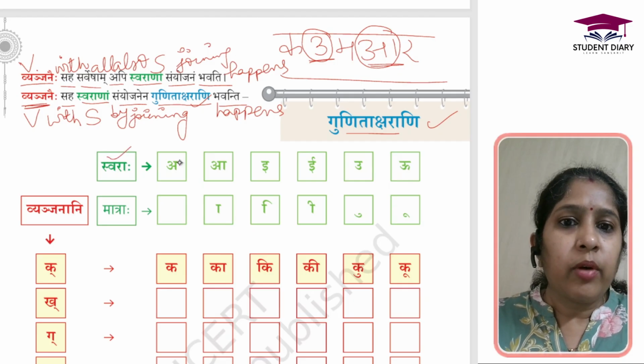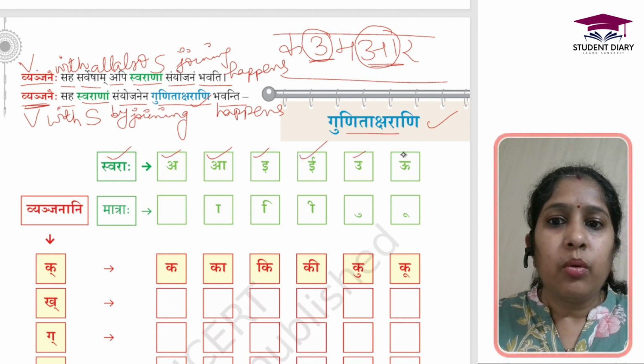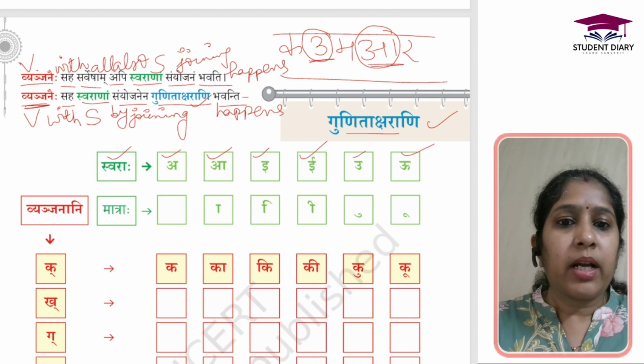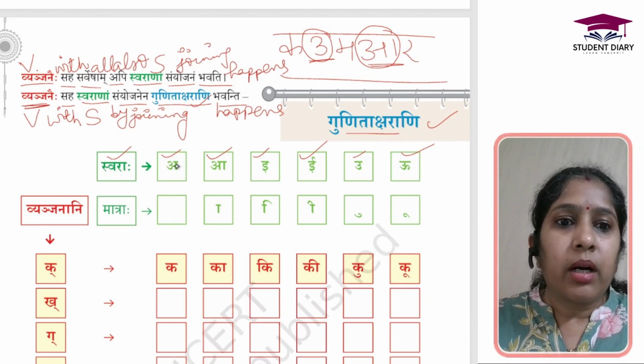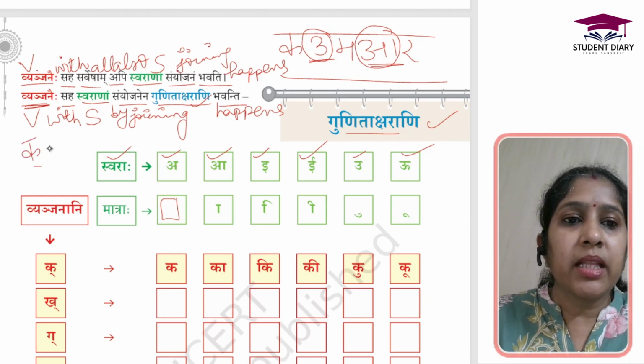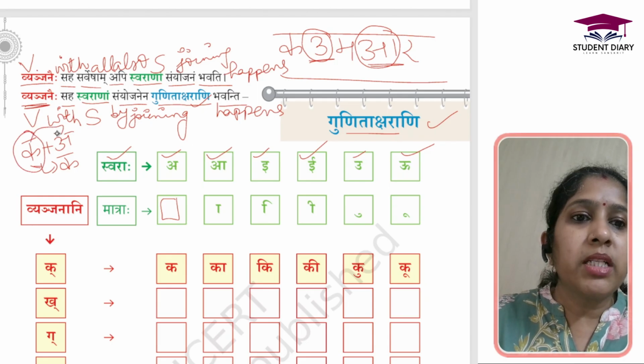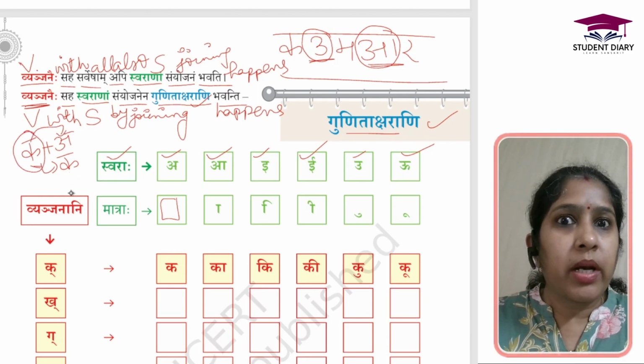We know that the swar are going to be a, aa, i, u, and after that also ru and all are there. They will come later. So let's start with this only. For a, there is no matra. As I told you in the last class, the vyanjan ka is like this. Just add a to this and it becomes a full vyanjan. Basically the vyanjan is ka only and a we just add to pronounce it.